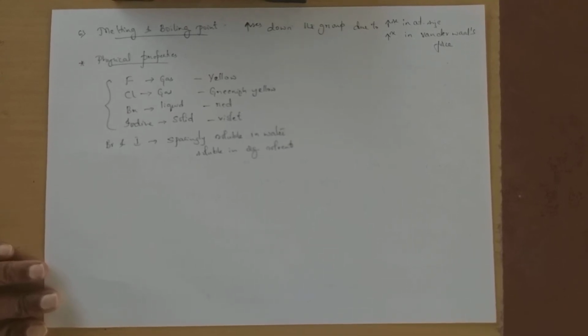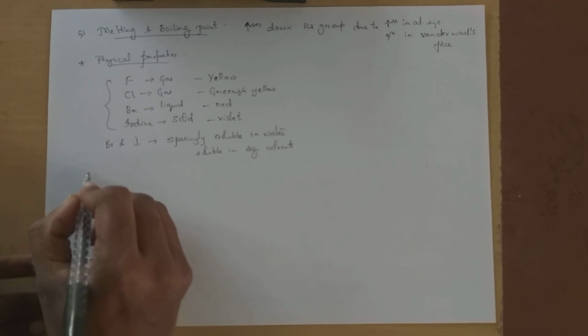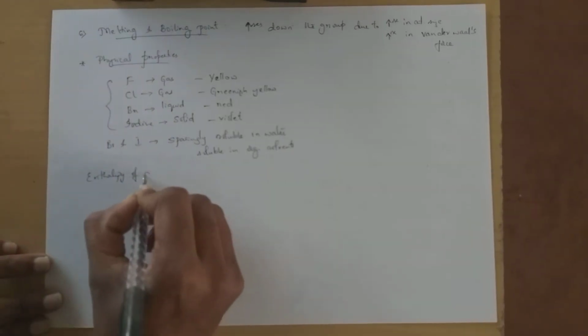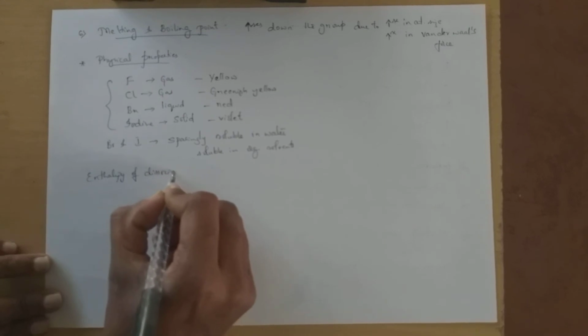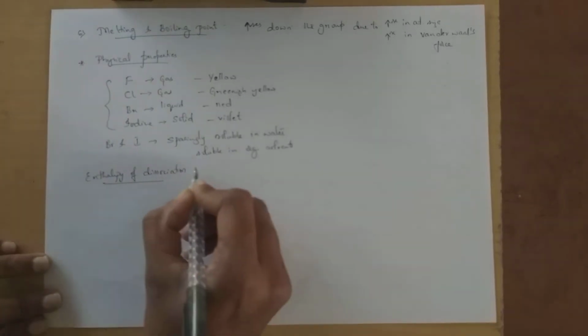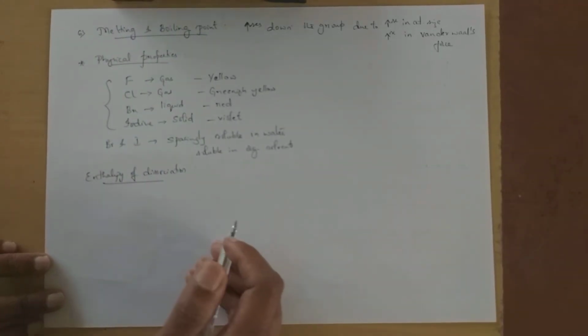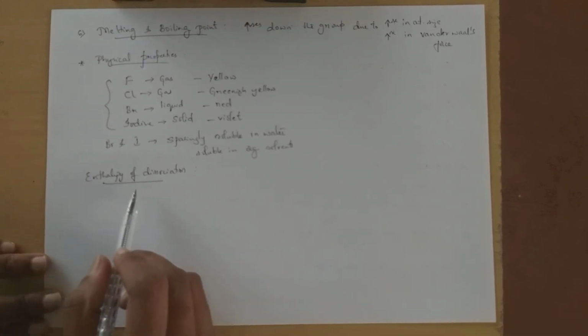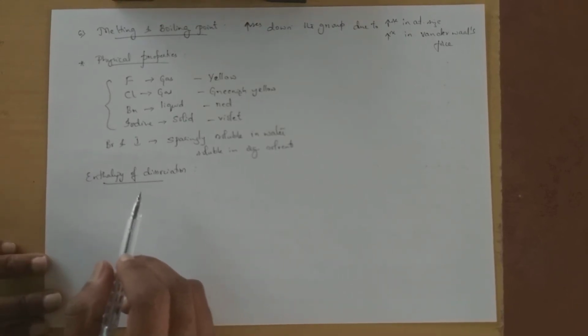Next we have enthalpy of dissociation. As you already know in thermodynamics, there are different types of enthalpy. Enthalpy is the heat content of a system. The energy required to dissociate the molecule, we call the enthalpy of dissociation. Simple definition.